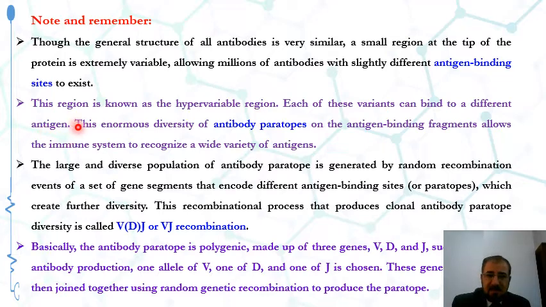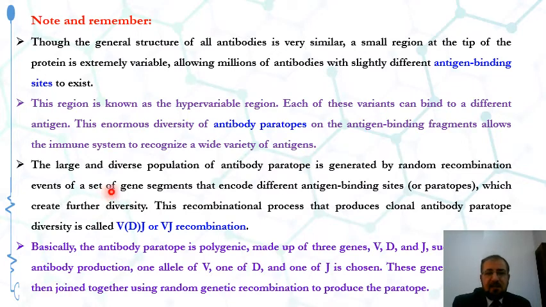I'll say it again: this region, the antigen binding site, we call the hypervariable region. Each of these variants can bind to a different antigen. This enormous diversity of antibody paratopes on the antigen binding fragments allows the immune system to recognize a wide variety of antigens, and therefore a wide variety of pathogens, so the body is protected by different types of cells able to deal with many types of microbes.